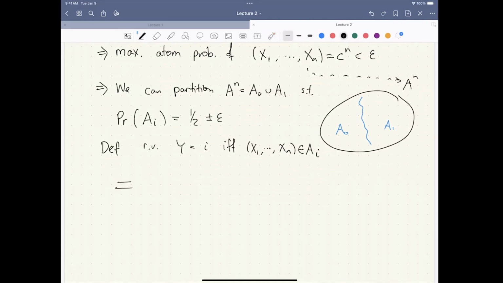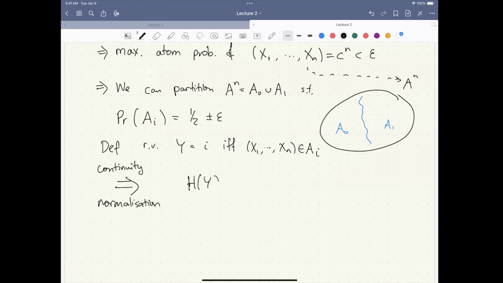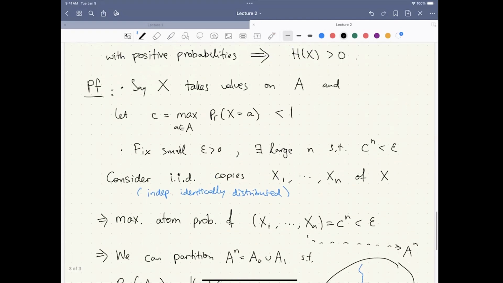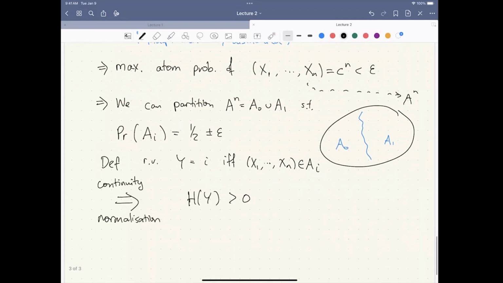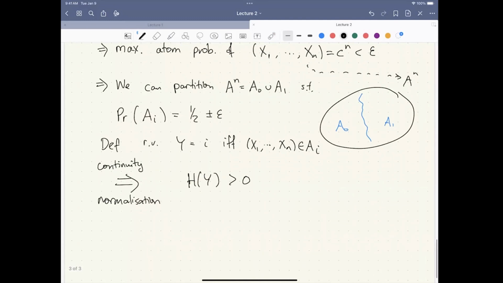So by continuity and normalization, the entropy of Y is going to be positive. Now, we are almost done. Let's recall our goal. Our goal is to prove that the entropy of X is positive. So we know the entropy of Y is positive now.